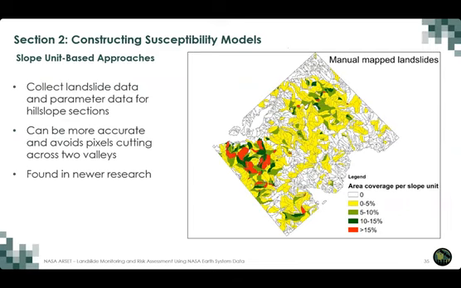Slope unit-based approaches characterize areas as specific slope units. Essentially, an individual hill slope is mapped specifically as a polygon, and the analysis would then assess the parameters associated with that slope unit and the landslide area coverage within that slope unit. This has been widely used now in more recent studies, as it can, for example, avoid pixels cutting between two valleys. So this is maybe something to explore in future, although again, this is more novel in terms of the uptake in the community.